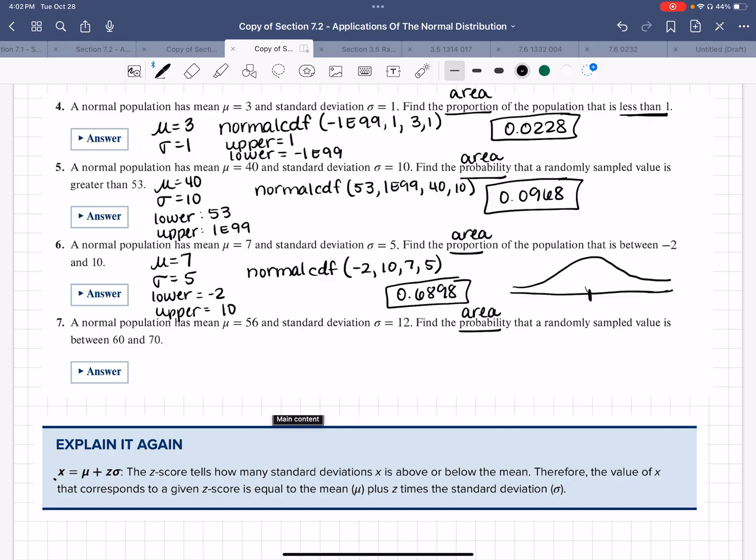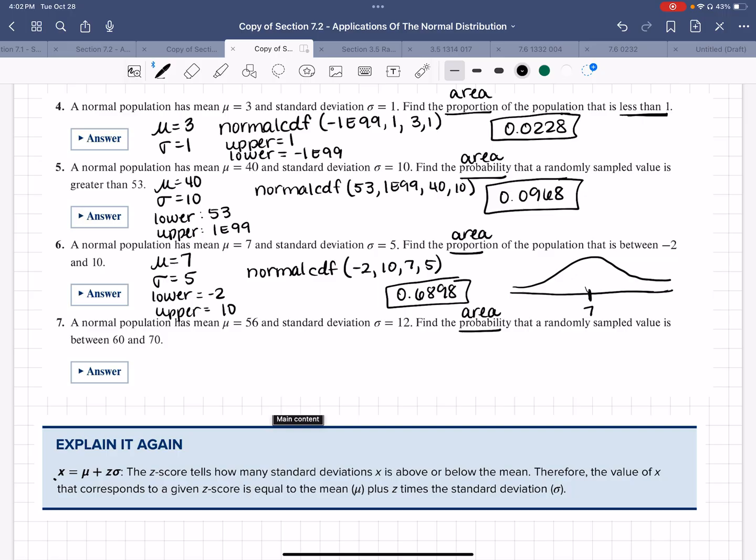When we were looking at the standard normal curve in 7.1, we set mu to be 0, and then 1 and -1 were 1 standard deviation away, 2 and -2 were 2 standard deviations away, 3 and -3 were 3 standard deviations away. But here, these are applied. This is why it's applications of the normal distribution. This one says we have a mean of 7, and a standard deviation of 5.